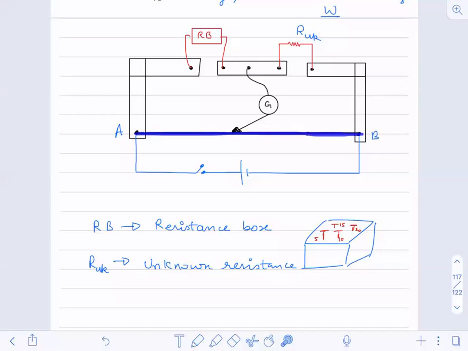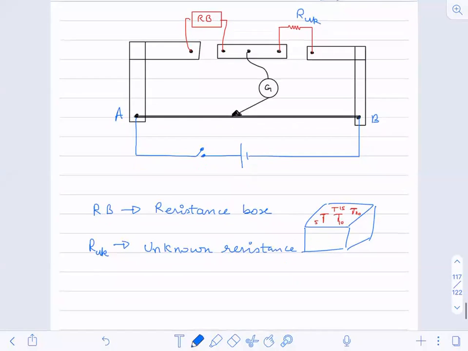This complete thing is a wire. AB is a wire, and it is 100 centimeter.